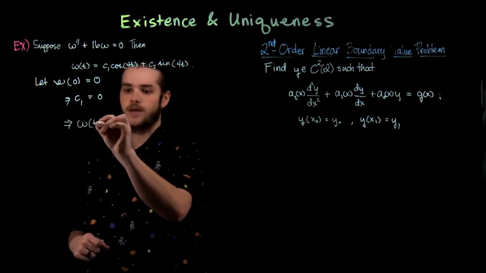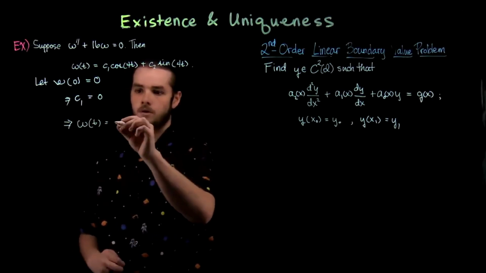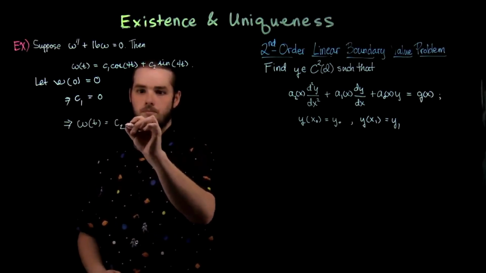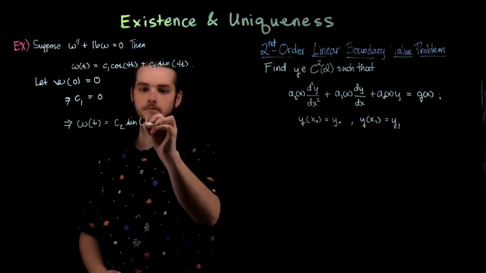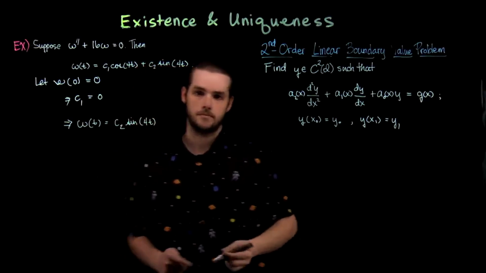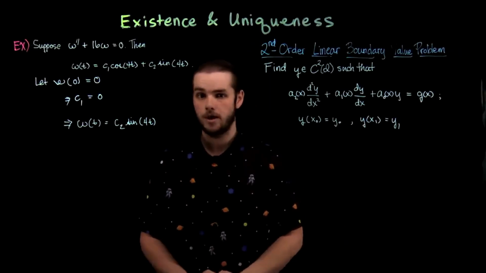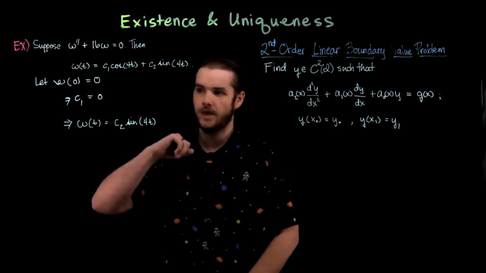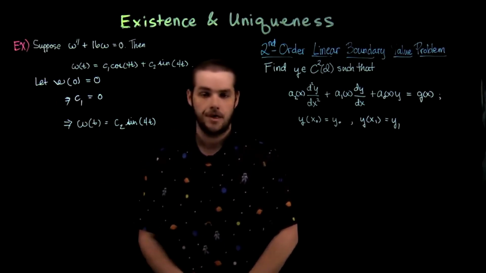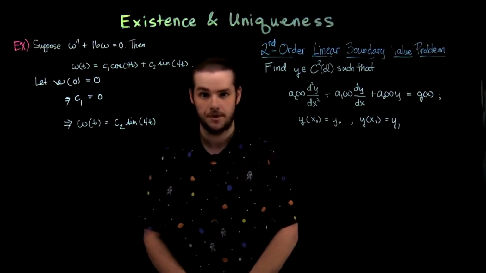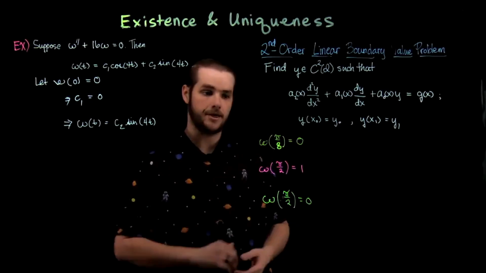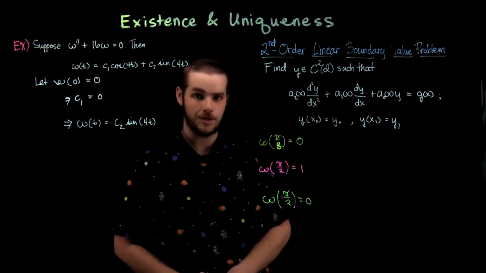And now I know that omega of t is equal to c2 sine of 4t. So far, I've applied one of my boundary conditions, that omega of 0 is equal to 0. And what I want to do is explore a couple of different options for other boundary conditions to see what happens.